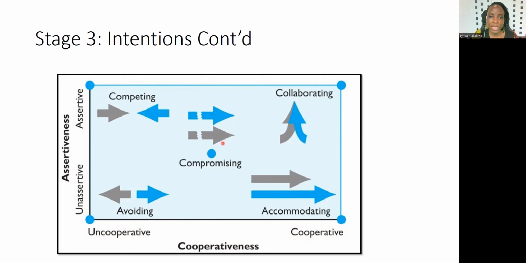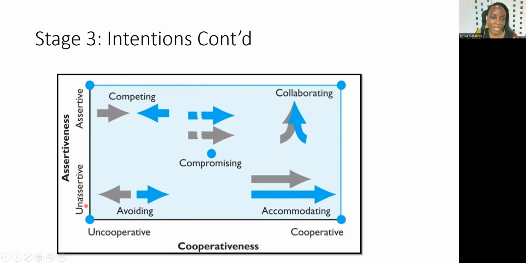I let go of some things, you also let go of some things. Then again, assertiveness is high and cooperativeness is high. You see cooperativeness is high here and assertiveness is also high. Where do they meet? They meet at collaborating. We come together just as the arrows show.